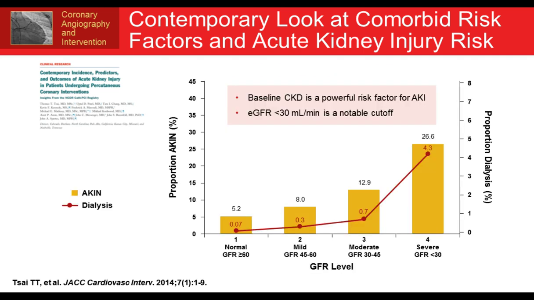Here are the data from the same publication looking at the baseline GFR, from normal all the way to severe, with GFRs less than 30, and looking at the risk of developing acute kidney injury and dialysis. And you can see that eGFR is a powerful predictor of acute kidney injury, with an eGFR less than 30 being a notable cutoff for a marked rise in both the incidence of dialysis as well as acute kidney injury.